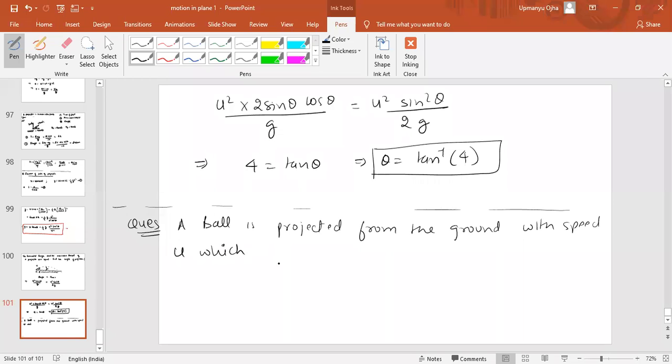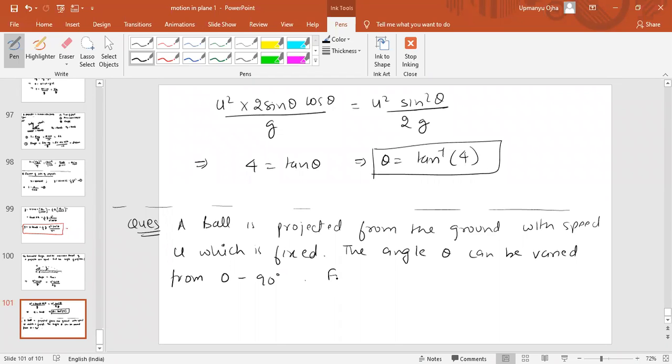Which is fixed means we are throwing the ball with the fixed speed of u. The angle theta can be varied, means theta can be changed from 0 to 90 degree. We can have any value of angle theta from 0 to 90 degree.